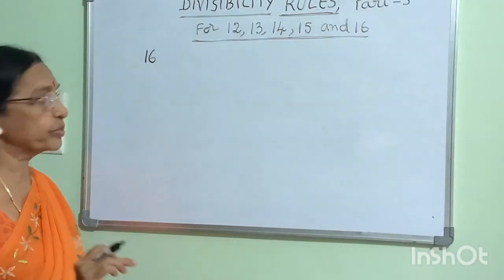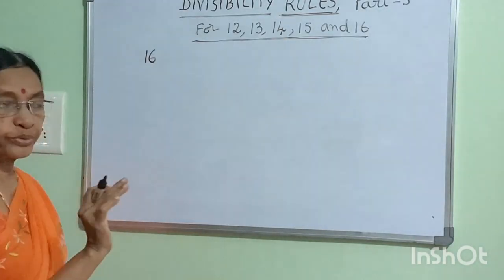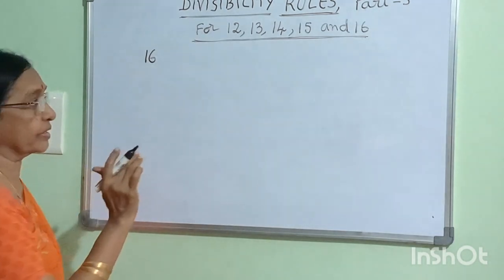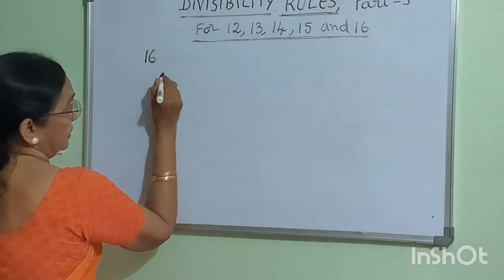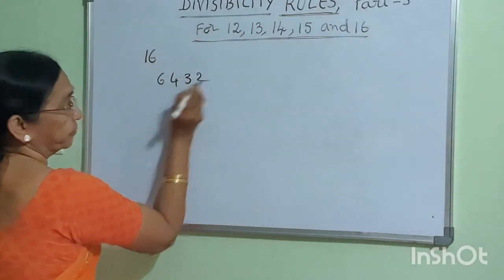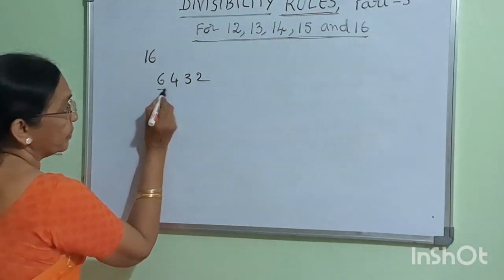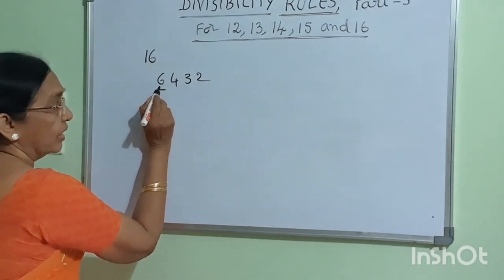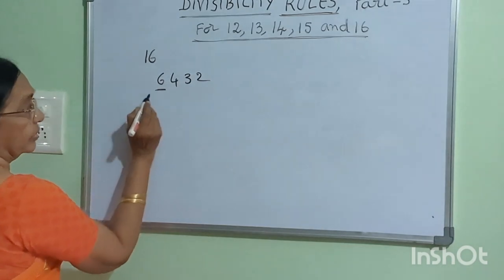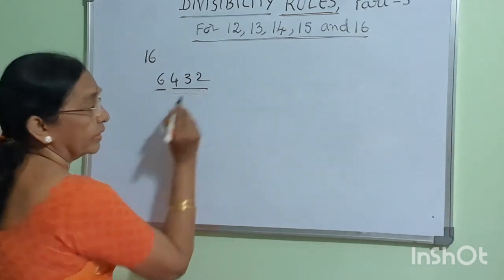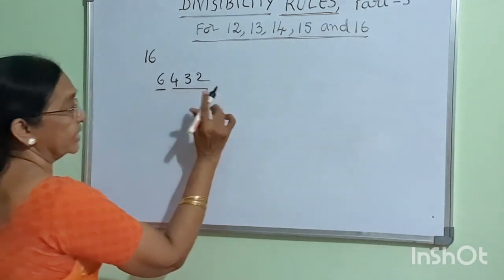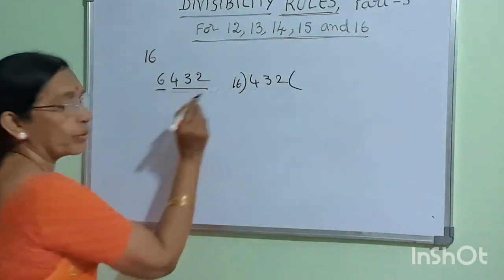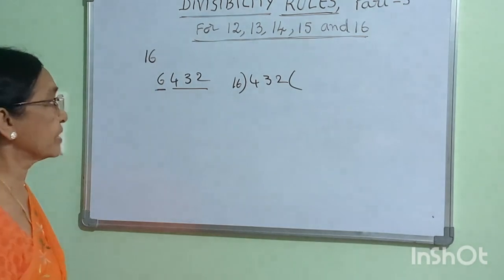To test the divisibility of 16, we have to take the last 4 digits of the number. Suppose 6432. If the digit in the thousands place is even, we apply a rule. We take the first 3 numbers, and if this number is divisible by 16, then the whole number is divisible by 16.